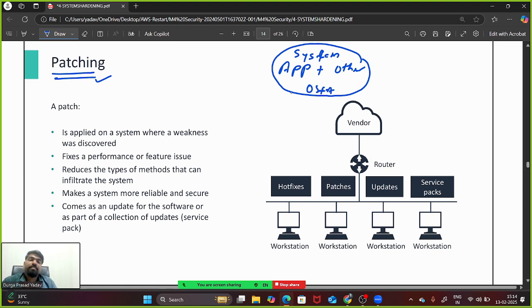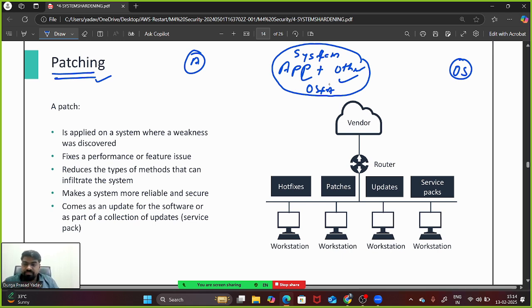Anything is possible. Either separately, if you want to take an example of an application, or an example of an OS, or both you can keep here. Application and OS both are the same.